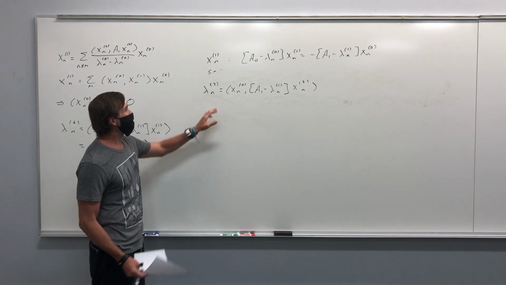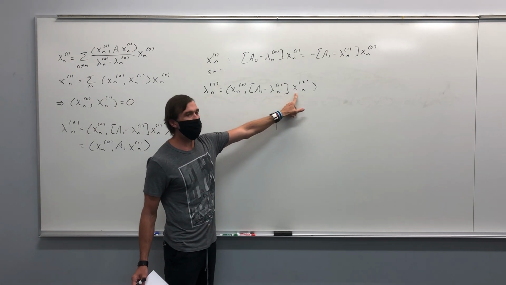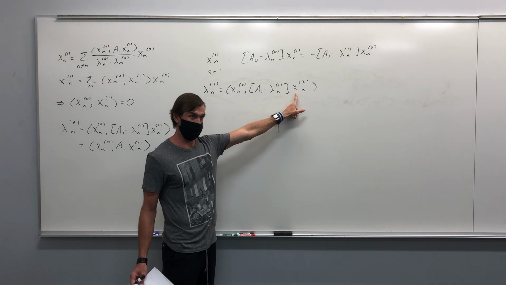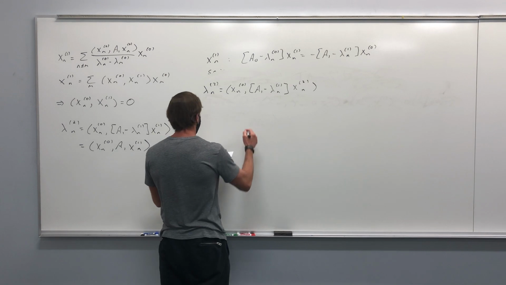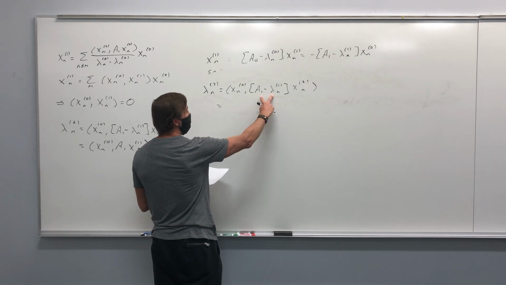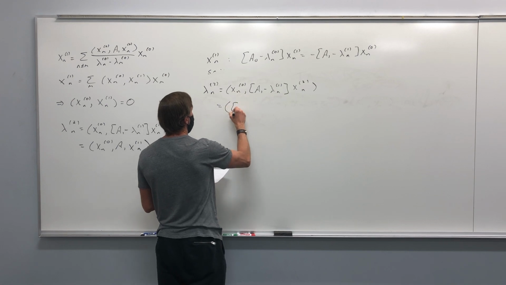Because I don't know if you remember, but the expression for the cubic correction to the eigenvalue actually did not have x2 in it. So there is some more work we can do, and it's the following. First of all, this is a Hermitian operator, so we can bump it over here.